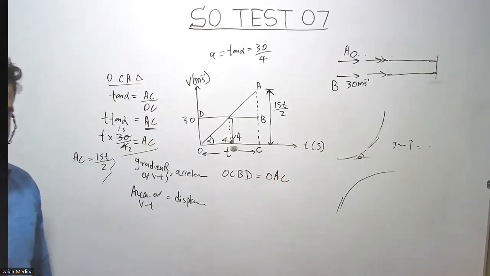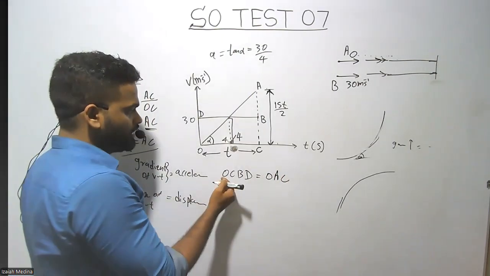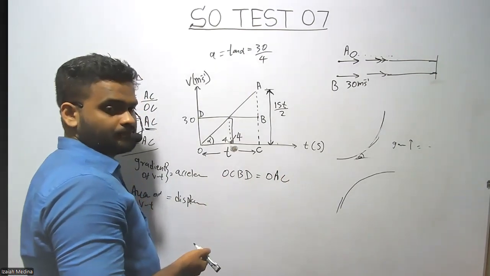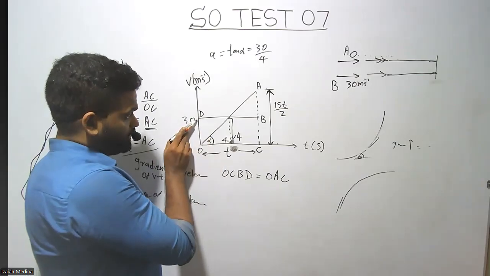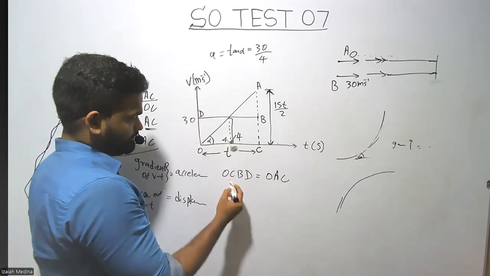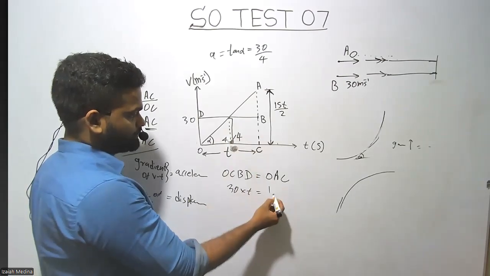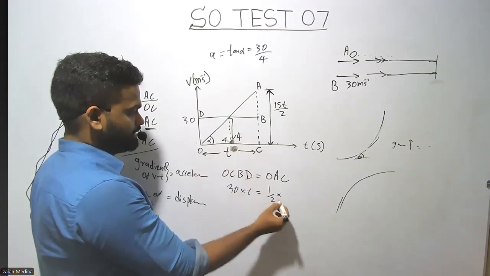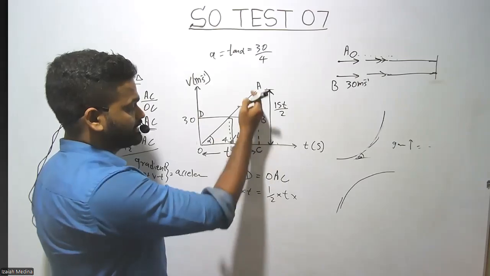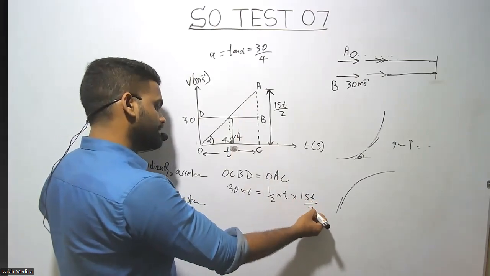OCBD can easily be found: 30 times T. Then OAC is a triangle, so half this side T, height is 15t divided by 2.